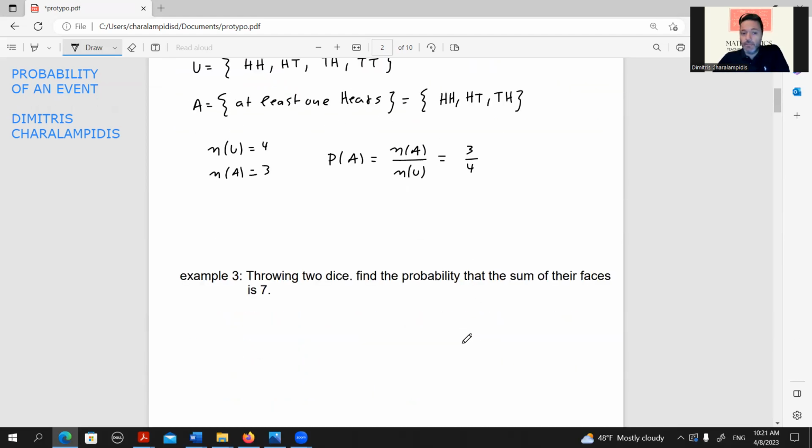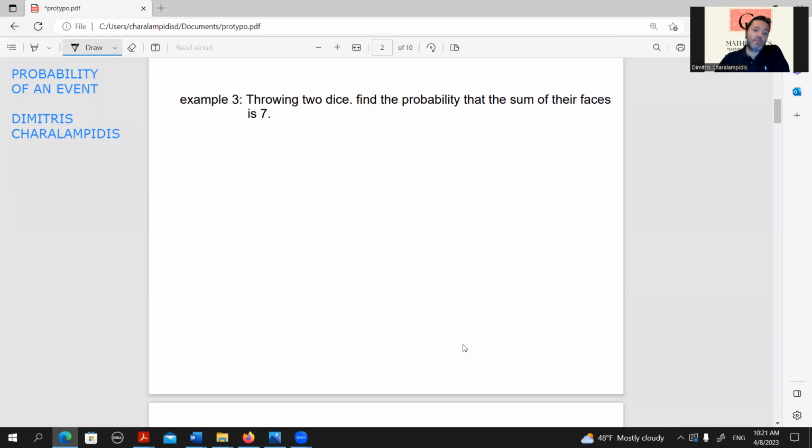Example number 3, throwing 2 dice. We have already seen that the universal set in this case is all 36 pairs of numbers formed by this.